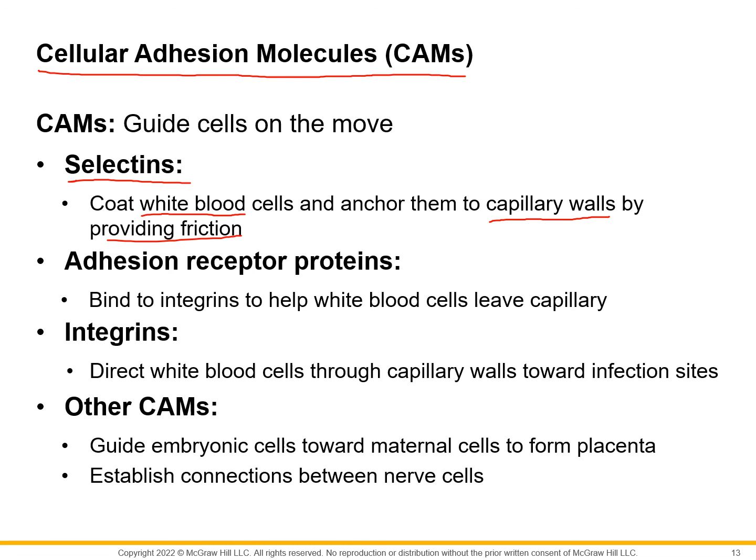And then we're going to have special things called integrins, which are going to bind to adhesion receptor proteins that are going to help guide the cell out. And then the integrins themselves are what are going to direct the cells on getting through the capillary walls towards the infected site. Now, again, there are other of these, but we're not going to go over them.